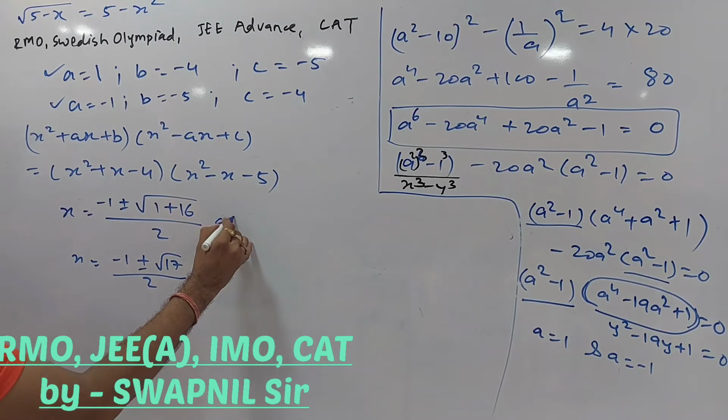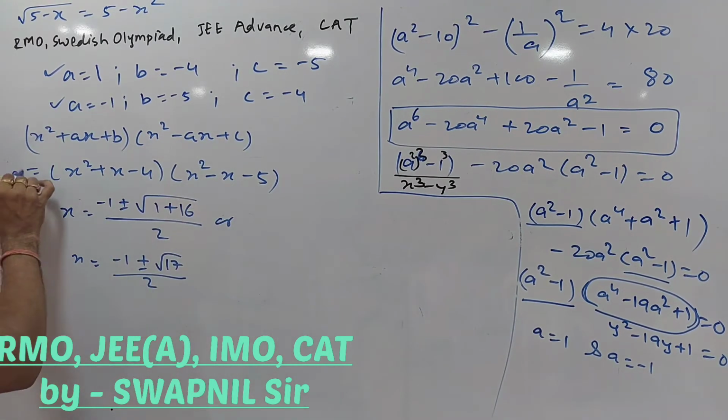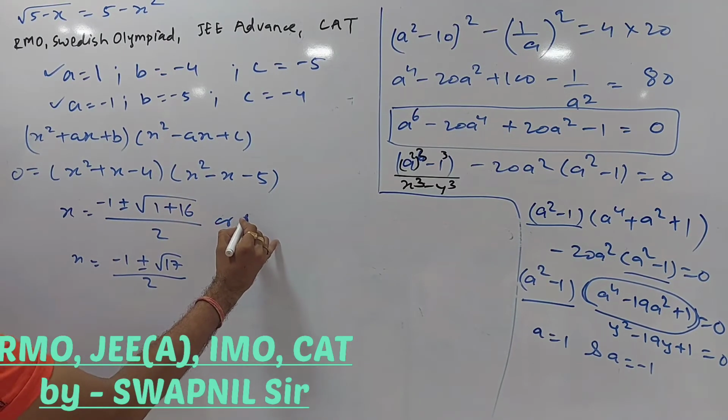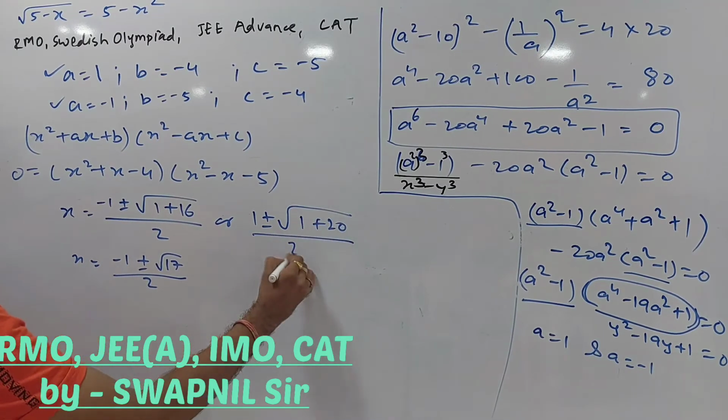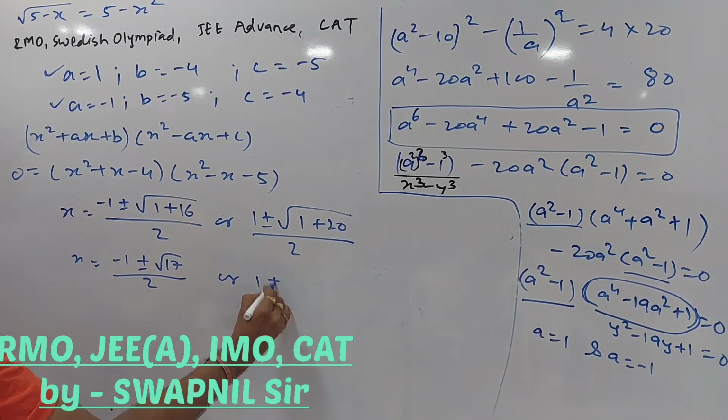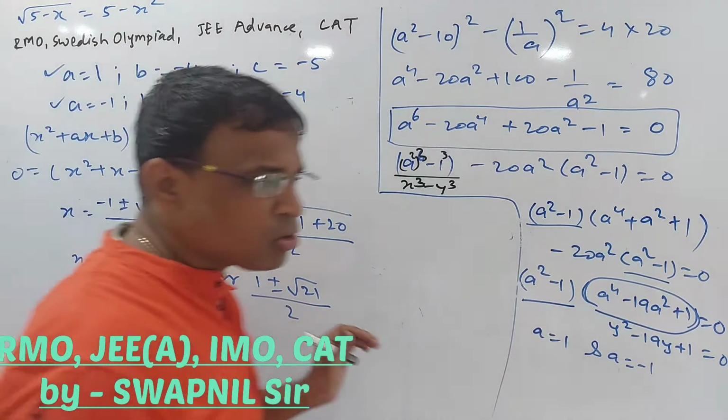And here I am getting minus b plus or minus root of b square minus 4ac upon 2. So that gives me 1 plus or minus root 21 upon 2. So finally I am getting these values of x, but it's not over.